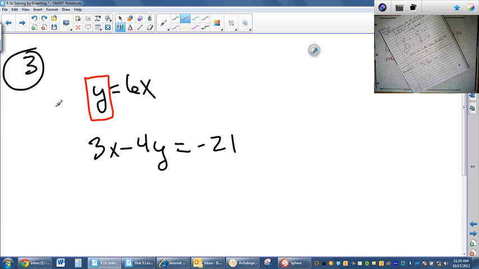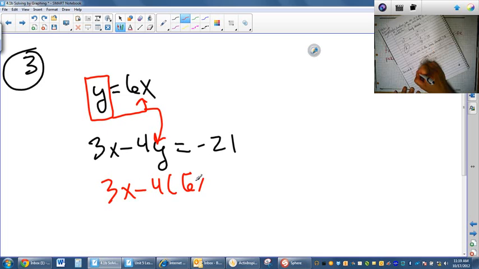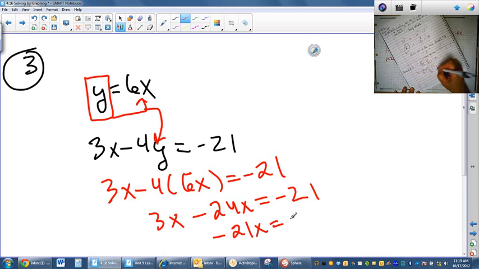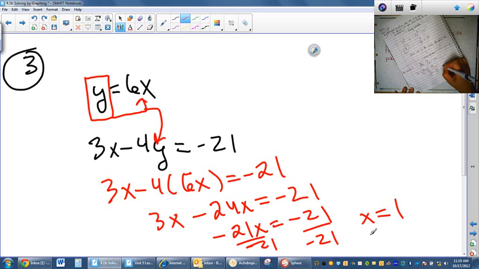So what we're going to do is substitute that value in down here. So we get 3x minus 4 times 6x equals negative 21. So we get 3x minus 24x equals negative 21. So we get negative 21x equals negative 21. So we're going to divide by negative 21, divide by negative 21, I get x equals 1.